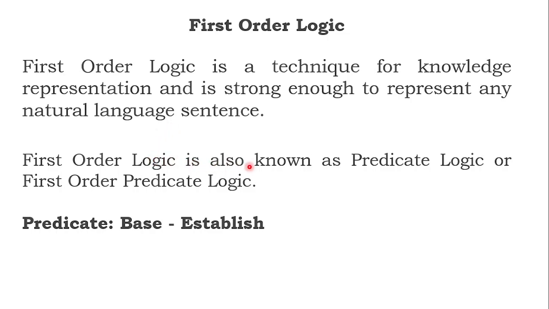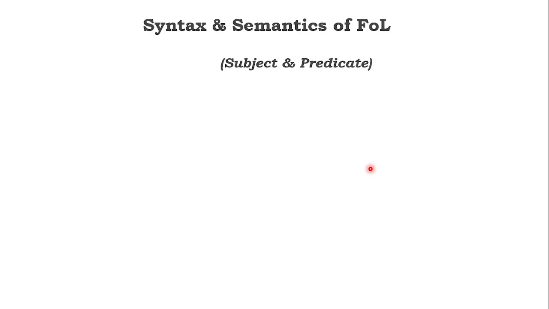First order logic is also known as predicate logic. What do you mean by predicate? It gives some base statement, establishment statement, something like a foundation. So we call first order logic, FOL, predicate logic or first order predicate logic.